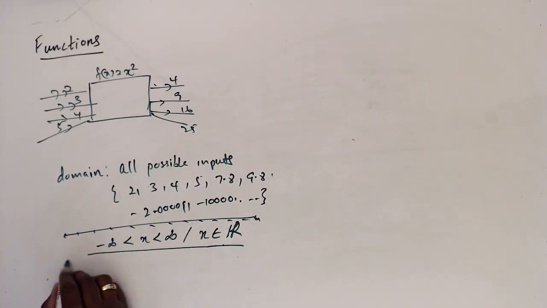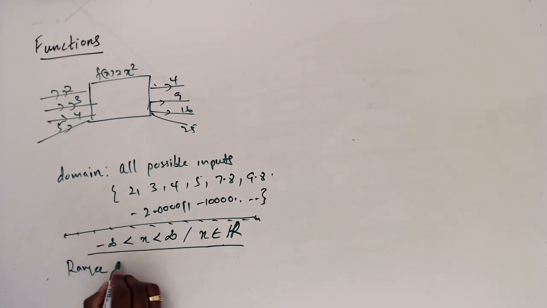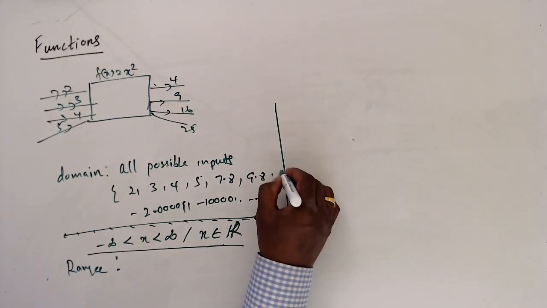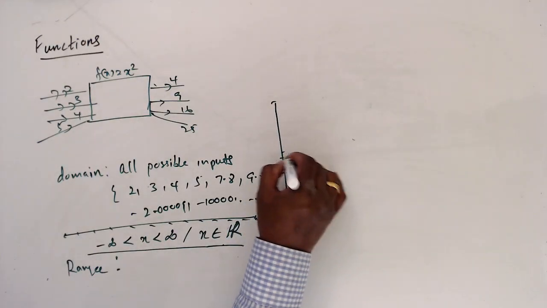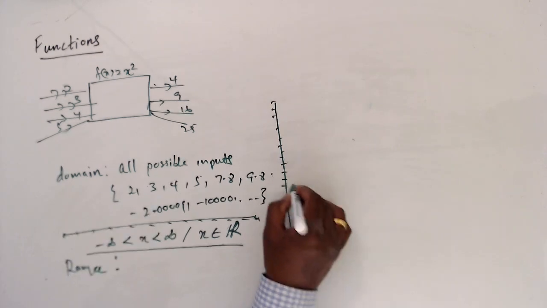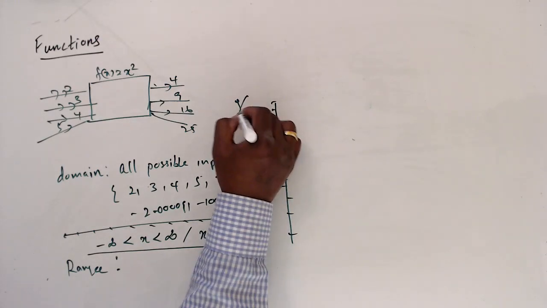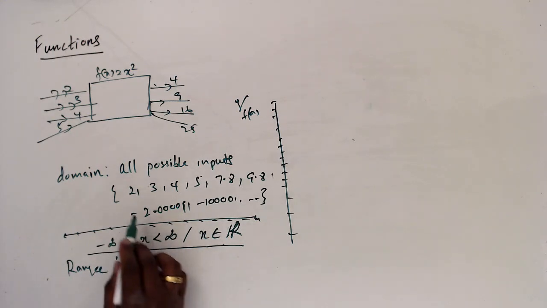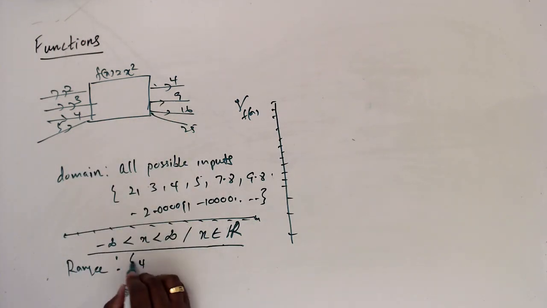So what is the range now? What y values can you take, or what f(x) values? So this is the y-axis. What values will you get for y or f(x)? When you put 2, you will get 4.